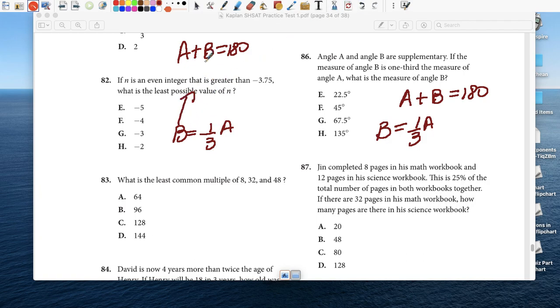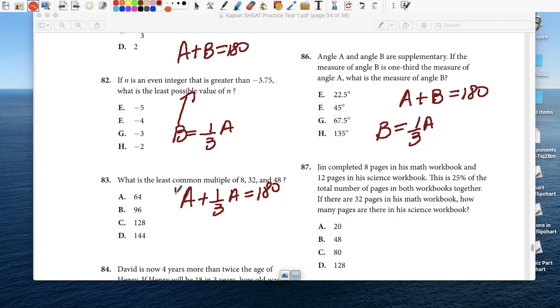I can change that B and write 1/3 of A. So I can say A plus 1/3 of A equals 180. Okay. And then I can just solve.